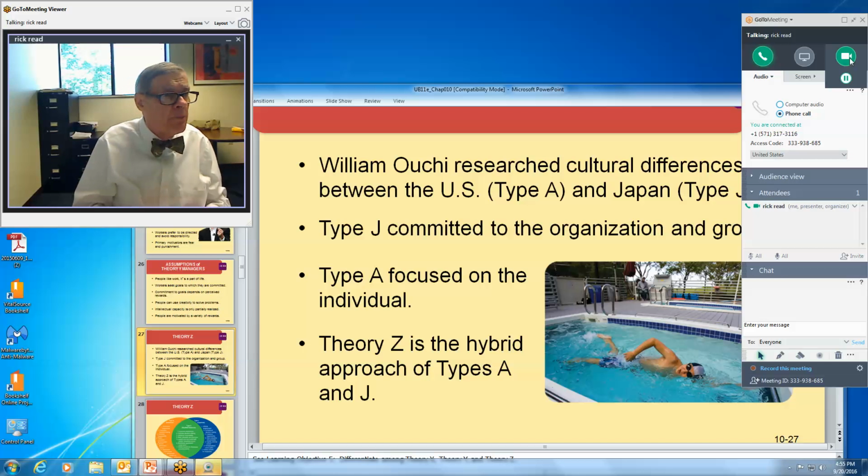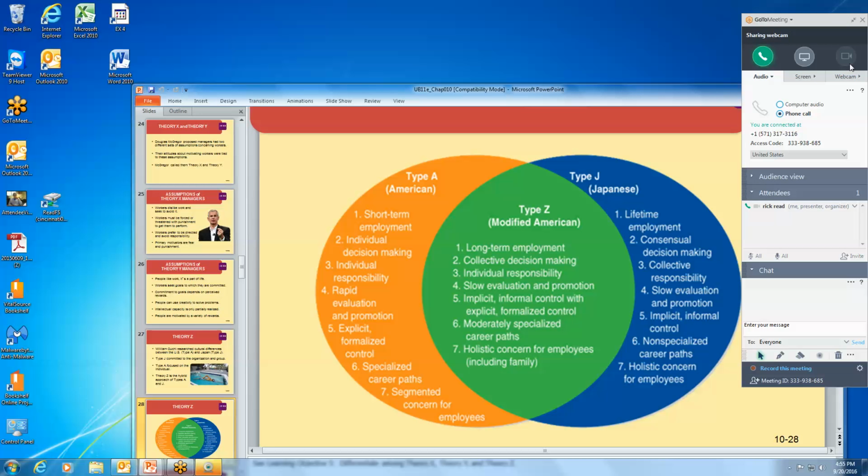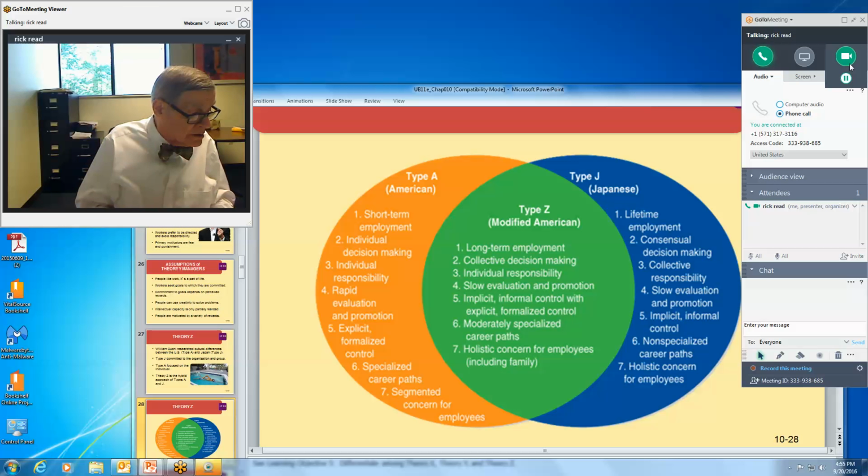So what he proposed is a Theory Z, which is a hybrid, and it kind of brings together the best of the A and the J people. And I'm not going to discuss this a whole lot. It is presented in your text. You can see this in figure 10.4 at the top of page 279.